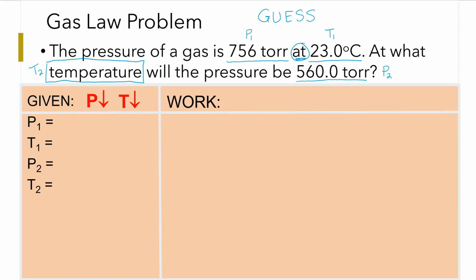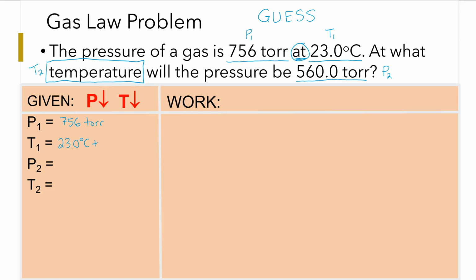So now let's go over G, our givens. I'm going to copy it down from my problem. So P1 is 756 torr. T1 is 23 degrees Celsius, but I can't use Celsius. Remember, whenever we have the gas law problems, we must use Kelvin.